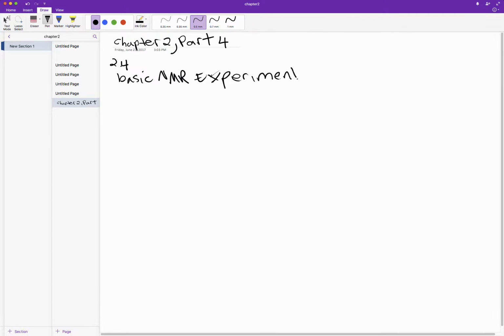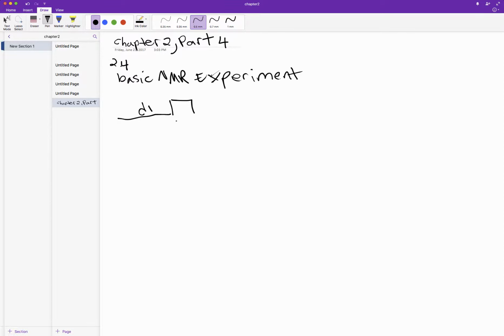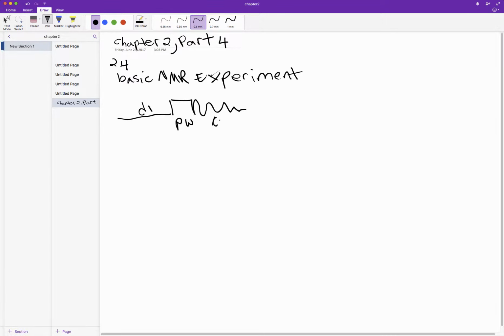This experiment is just a 1D acquisition where you have a delay, we call D1, a pulse, which I'm going to call PW, and then we acquire data, which we'll call AT.